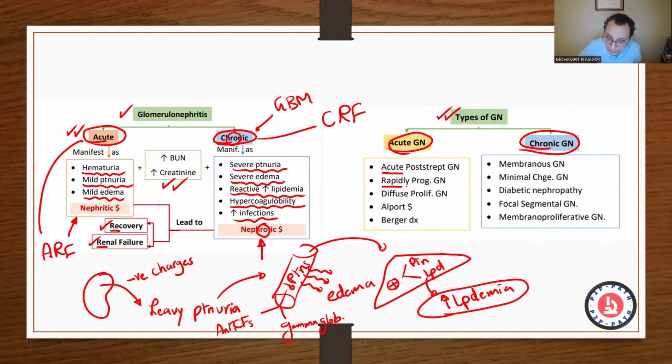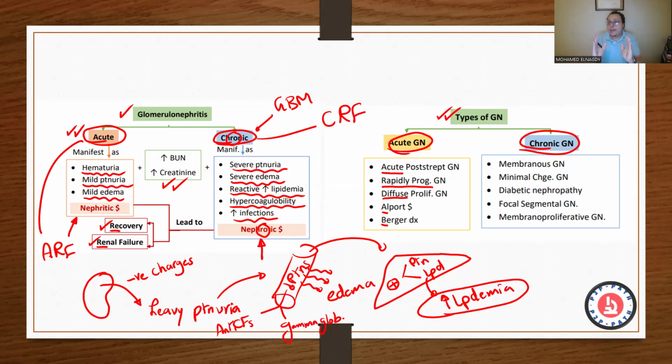See, rapidly progressive glomerulonephritis. Oh wow, it's rapidly progressive. So that's acute glomerulonephritis. It's definitely nephritic. Diffuse proliferative glomerulonephritis. It's diffuse. It's involving all the glomeruli. So that's very scary. So this means it's acute. It's nephritic.